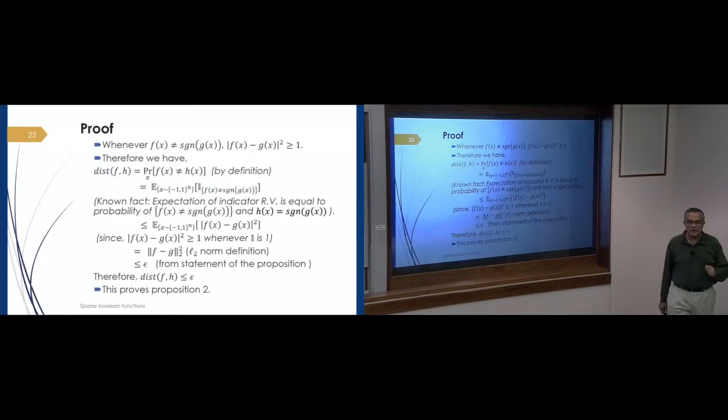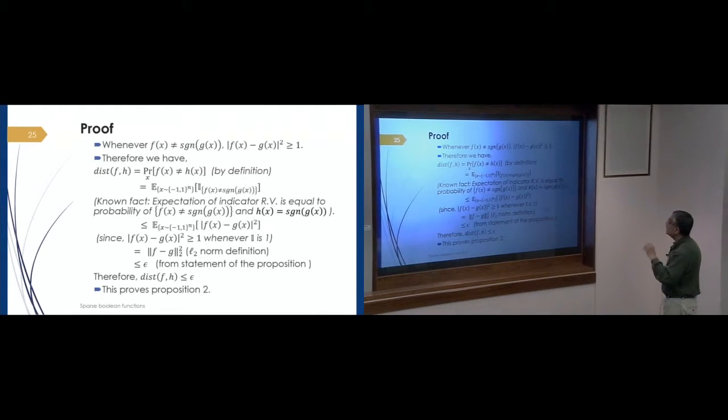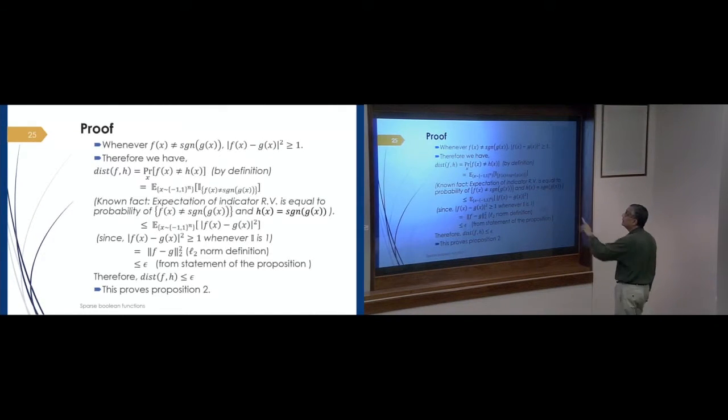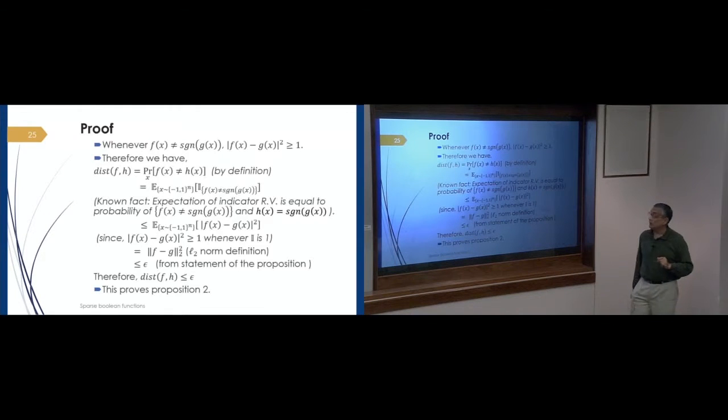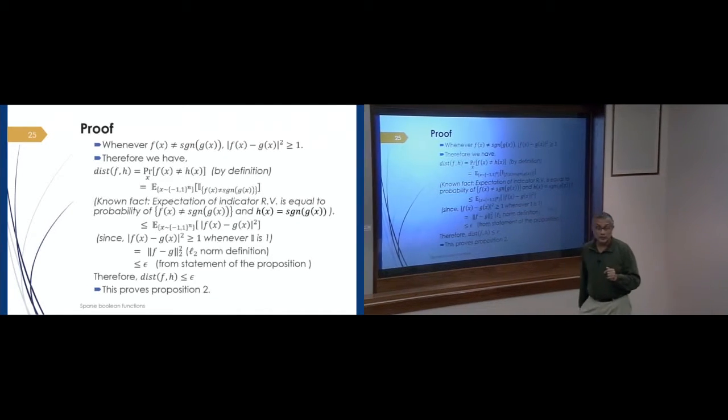So in order to prove this, let us consider the case that f(x) is not equal to sign(g(x)), which is the interesting case. Because if f(x) is equal to sign(g(x)), then we're doing fine, right?